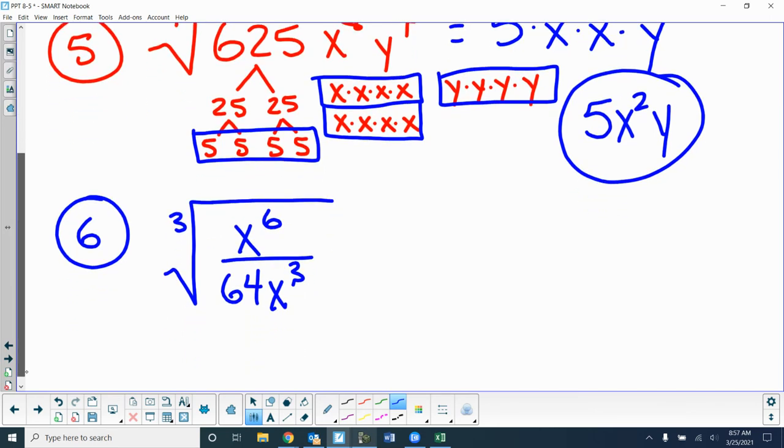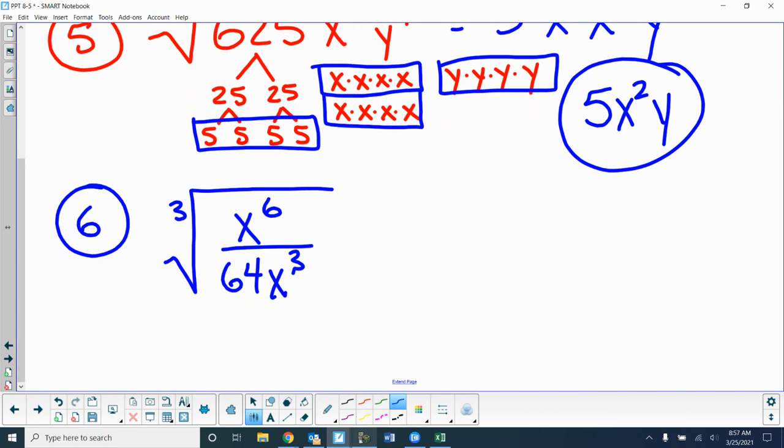All right. So I got the cube root of x to the 6th over 64x cubed. What I like to do when I have radicals, I look underneath the radical, we call it the radicand. If I can simplify that, I do that first. I got 6 x's up top and 3 in the bottom.